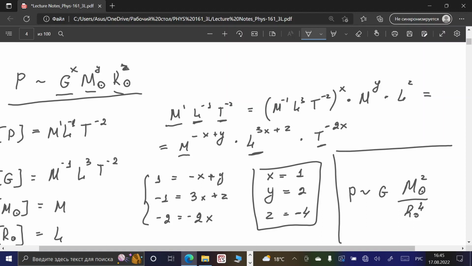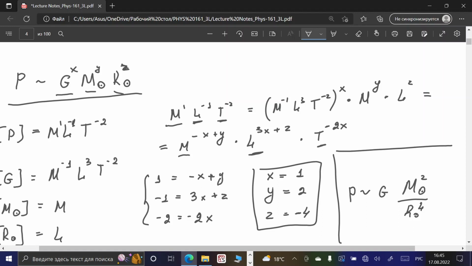But even with such a qualitative understanding of what the process is, we can end up by means of dimensional analysis with an equation, of course with accuracy up to a constant, which with a good trend describes such a parameter as pressure inside the sun.